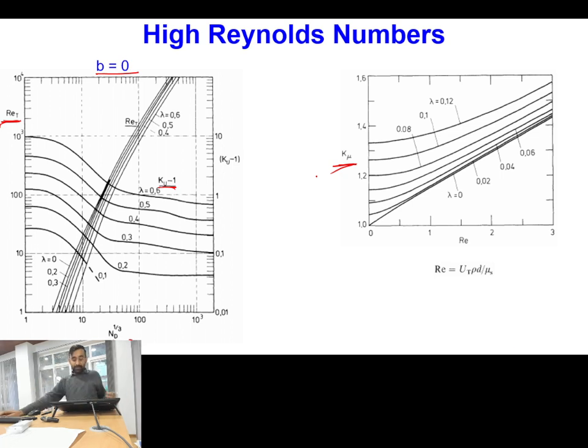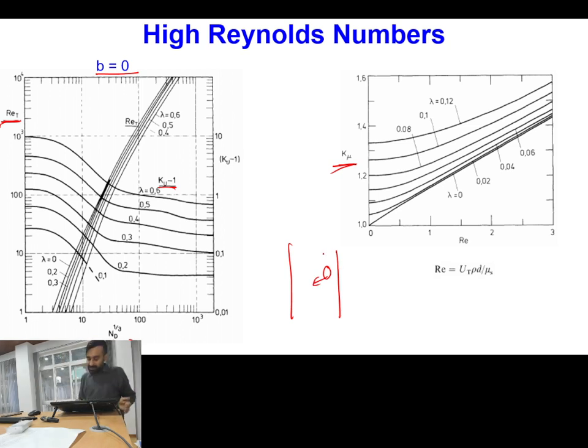Another important point is, whenever we have this type of system, say a wall bounded system, then depending upon the inertia of the system, we can also have migration of the particle.